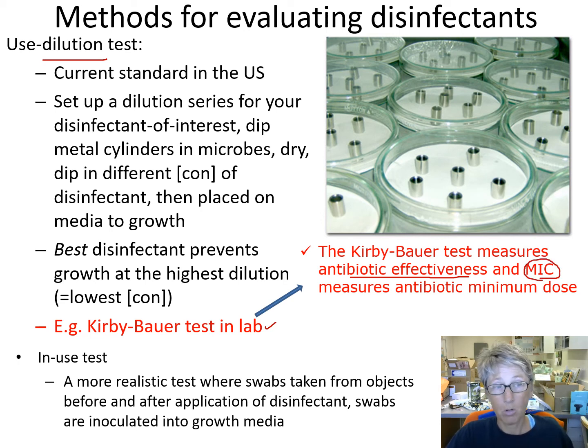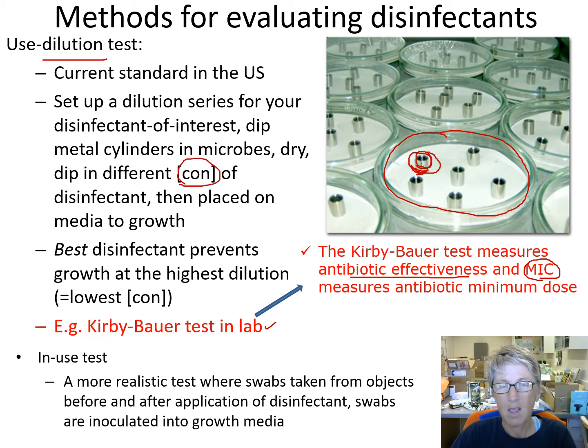In the test, you have your plate here, you dip these metal cylinders in microbes, and then you put the metal cylinders on the plate and let them dry. Then you dip the metal cylinders in different concentrations of a disinfectant, and you place them on the media.